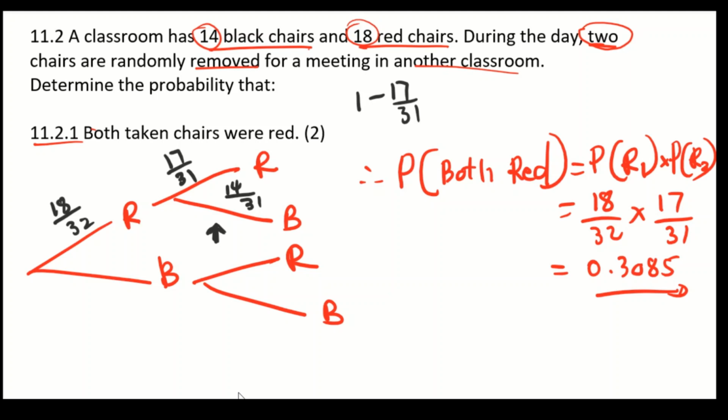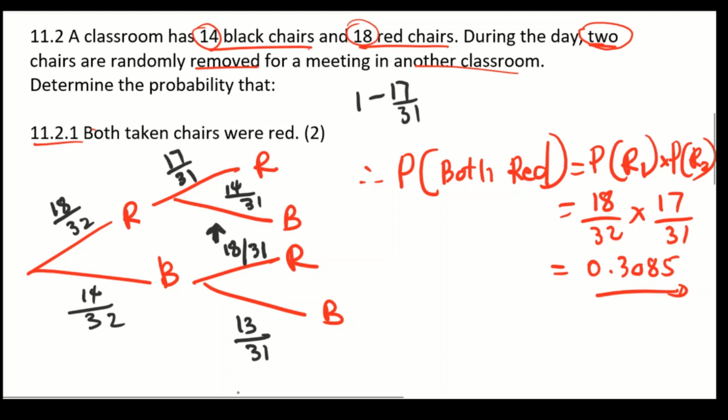And then now the black chairs are 14 over 32, right? And then here we're going to have 13 over 31, and then here on top it's going to be 18 over 31, right? Fine. So that's how we draw the tree diagram.